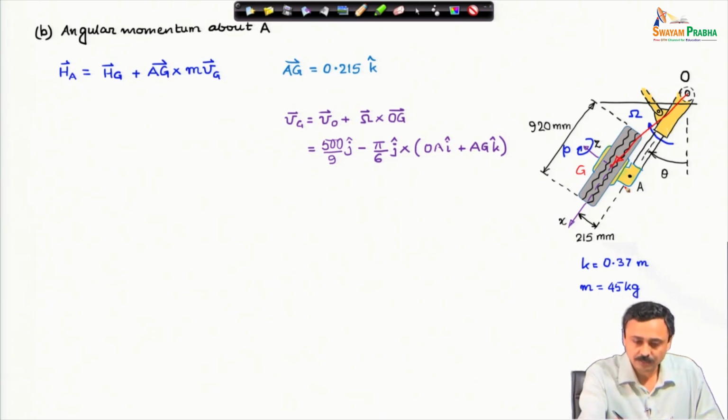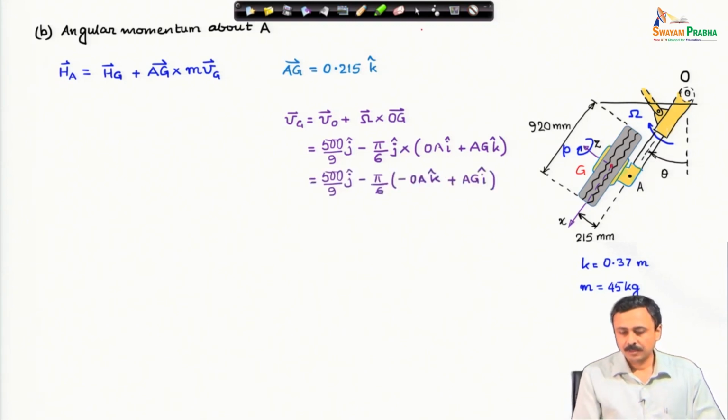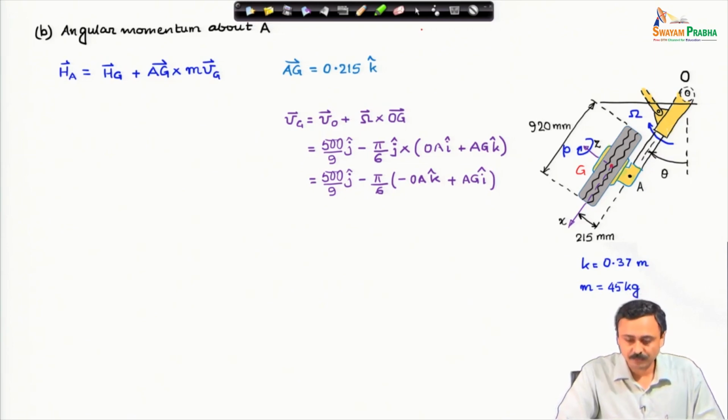Let us see what happens of it. I have taken this cross product and I have found out the velocity of center of mass.